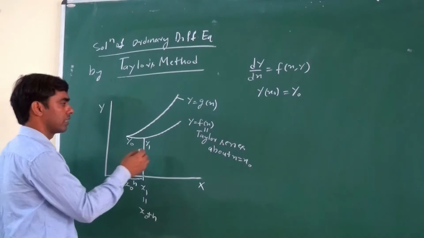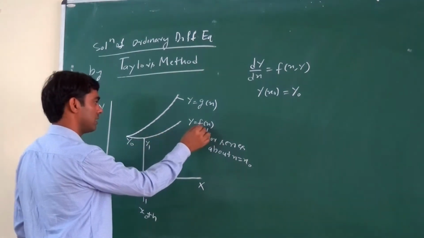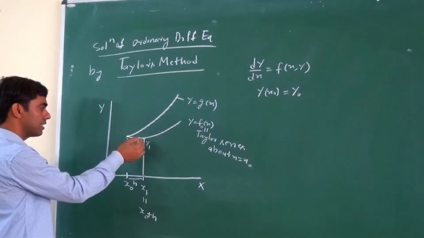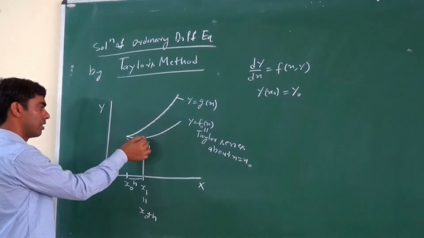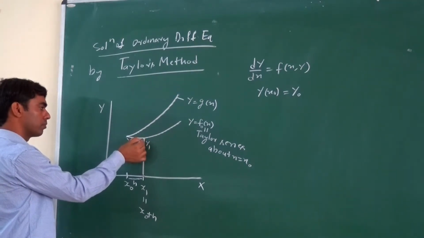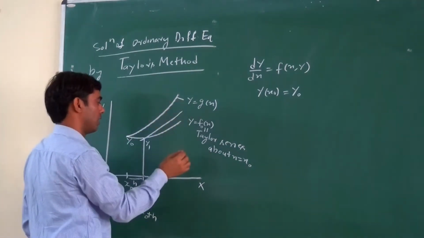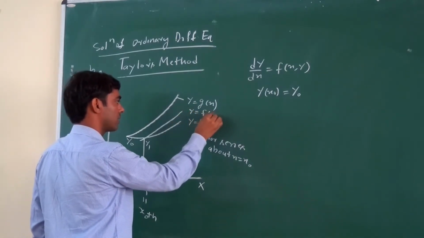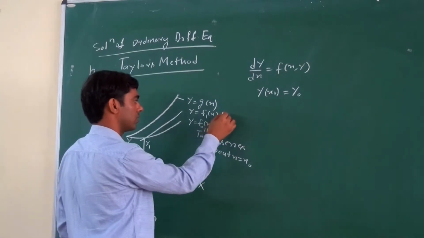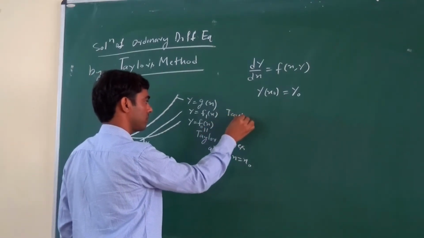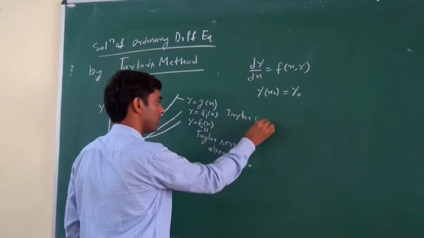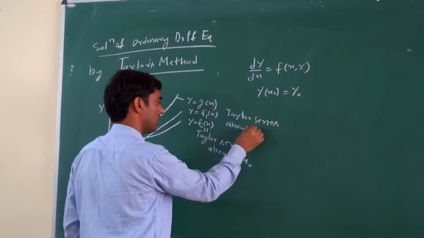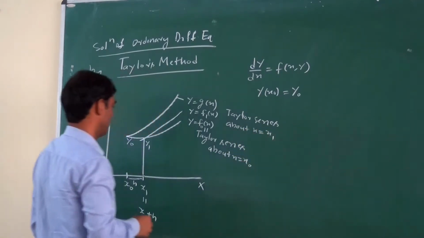If we denote this as the Taylor series expansion about x0, then we find the Taylor series expansion about x = x1, y1. Suppose this is y = f1(x), the Taylor series about x = x1.